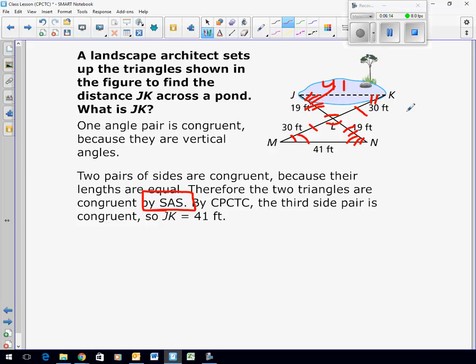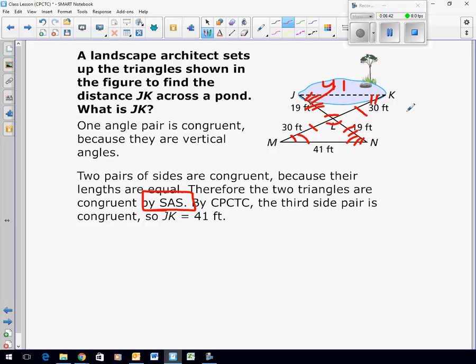I said, in two different polygons, for those polygons to be congruent, all the sides and all the angles have to be congruent, right? All the corresponding sides, all the corresponding angles. And then I came to you and said, but with triangles, we got 5 shortcuts: side, side, side; side, angle, side; angle, angle, side; hypotenuse, leg.